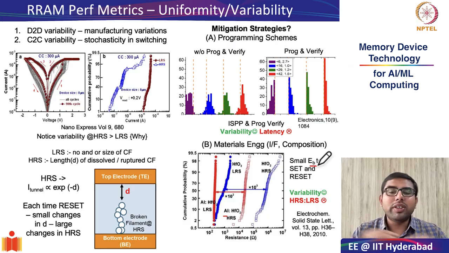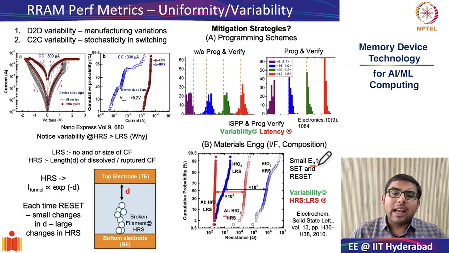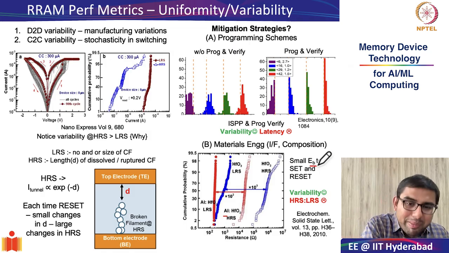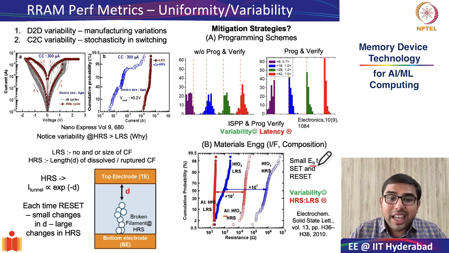This can be understood with a very simple example. Just imagine that you have a very high jumping barrier and a low jumping barrier. Now you call 100 people to jump over this barrier. It is more likely that all 100 people will be able to jump over a small barrier as compared to a large barrier. That is why when you reduce barriers for set and reset, the variability in devices generally reduces.